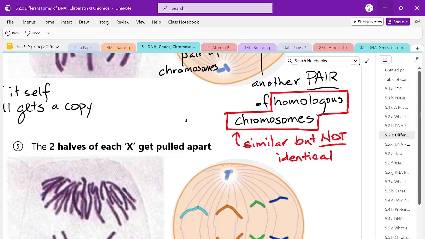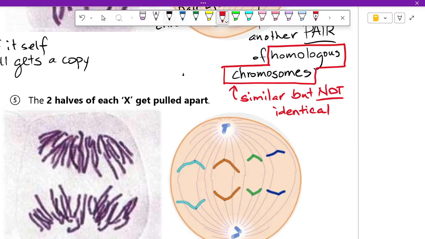Or maybe you got a brown-eyed gene from mom and a brown-eyed gene from dad. Maybe they are the same for some things, but they can be different for other things. Homologous chromosomes have all the same genes, for all the same traits.